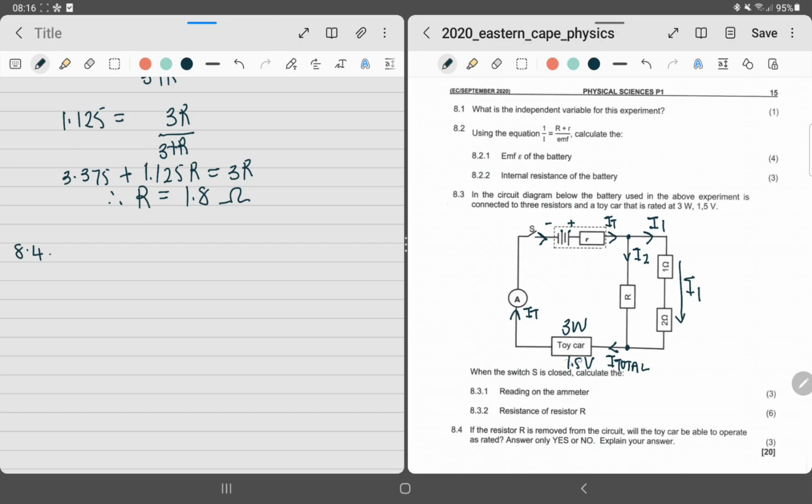8.4. If the resistor R is removed from the circuit, will the toy car be able to operate as rated? Answer only yes or no, and then explain your answer.